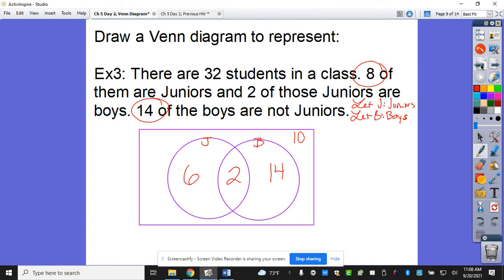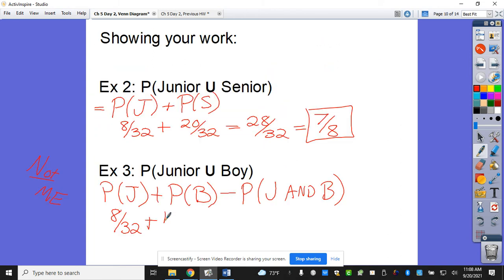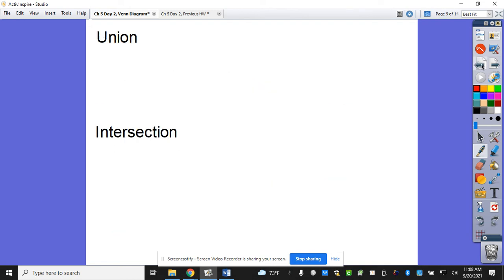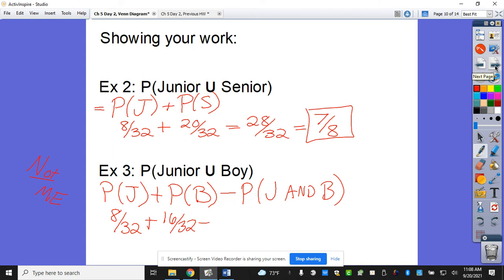Plus how many total are boys? 16. Minus how many are both? 2. And that gives me what? Which reduces to 11 over 16.